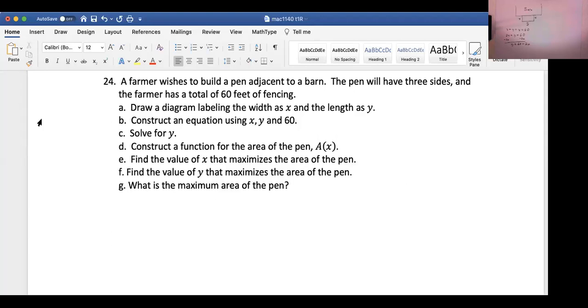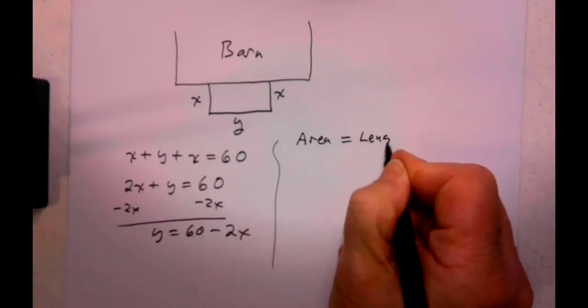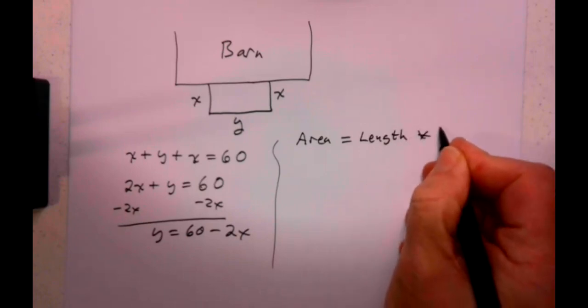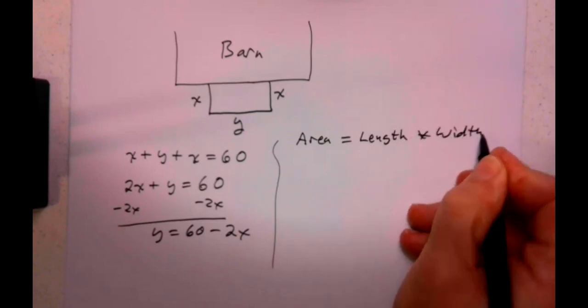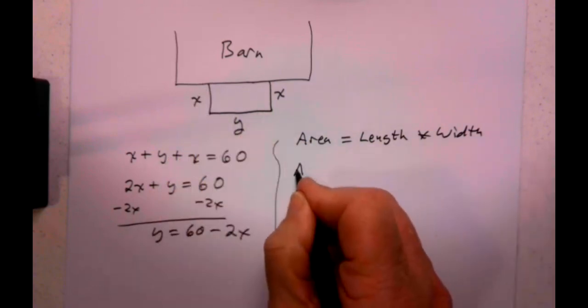Next it says construct a function for the area of the pen. Well, what is area? We know area is length times width. Well, the width is X and the length is Y, so the area is XY.